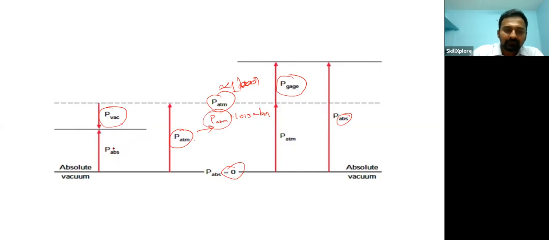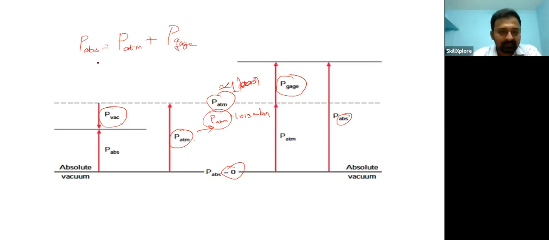If any pressure measuring gauge reads below atmospheric pressure, we call it a vacuum pressure. I think you have understood this explanation. So absolute pressure is equal to atmospheric pressure plus gauge pressure.